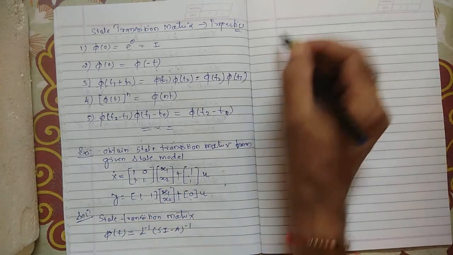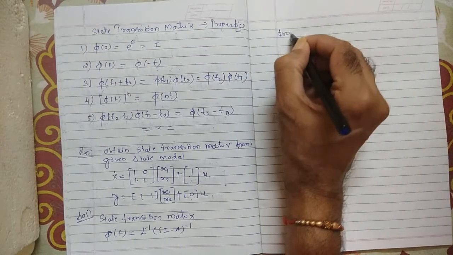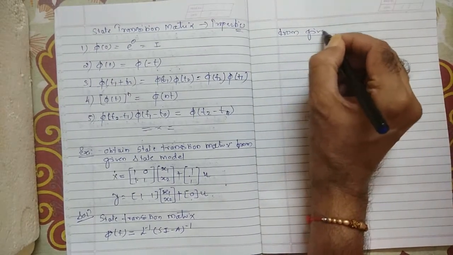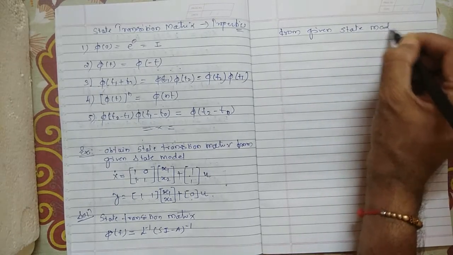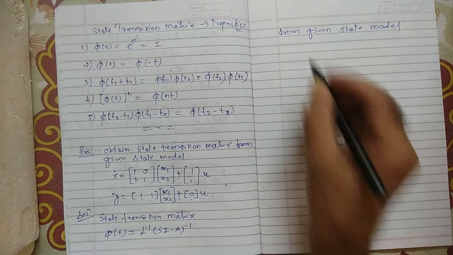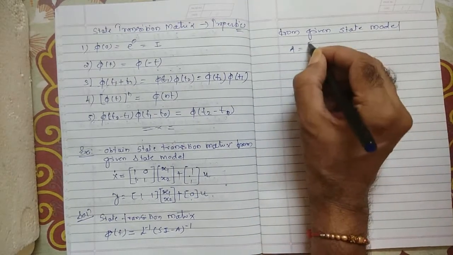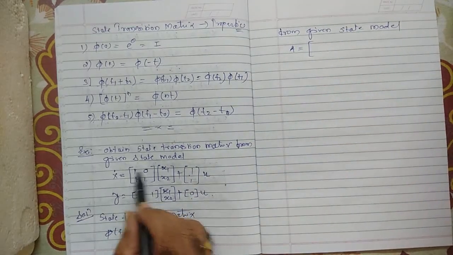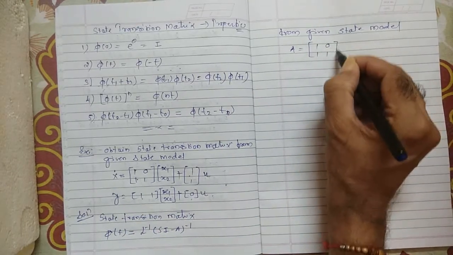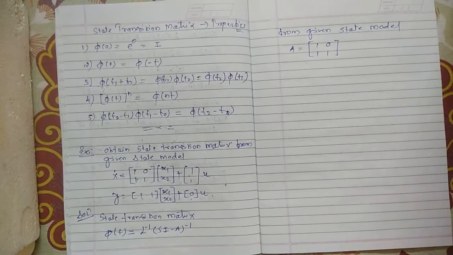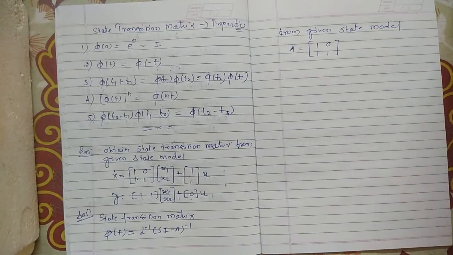Now from the given state model, A equals [1 0; 1 1]. This is my A, and now A is known.